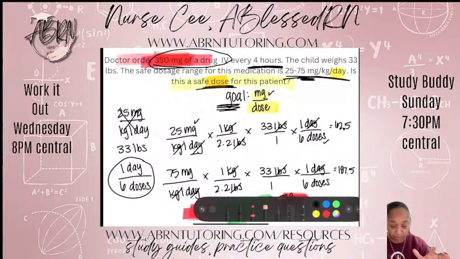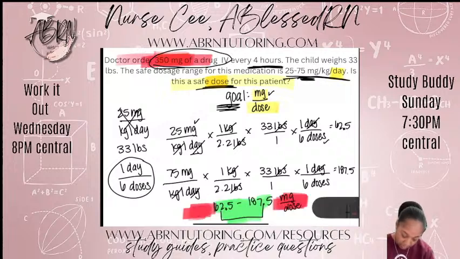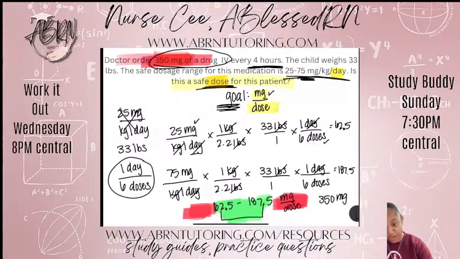It is just 350 milligrams. That is assumed to be one dose. Okay, so does 350 milligrams fall in the green zone where it's safe, or in the red zone where it's not safe and you have to call the doctor and tell them, hey, this is too much?